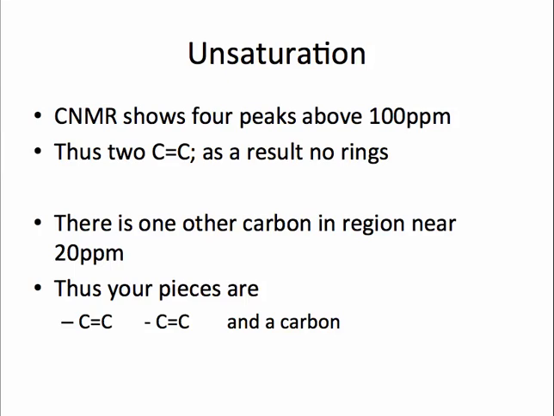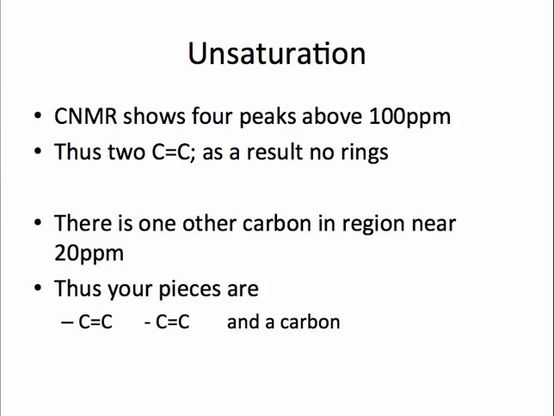So if our degrees of unsaturation were 2, the question we might ask is, do I have pi bonds or do I have rings? And that's an easy question to answer. If you look at the carbon NMR spectrum, you'll see that there are 4 peaks above 100.